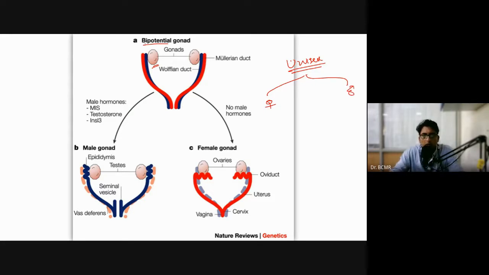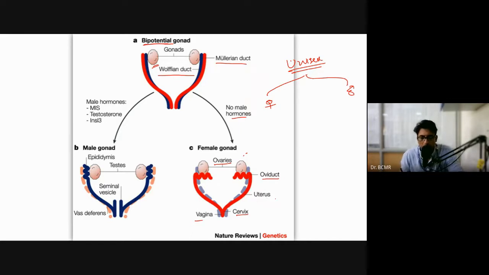There are also ducts formed, the Mullerian duct and the Wolffian duct. If there are no male hormones, then the Mullerian duct will develop into the oviduct, and the bipotential gonad will become ovaries. Then we will have the development of the cervix, vagina, and other things.